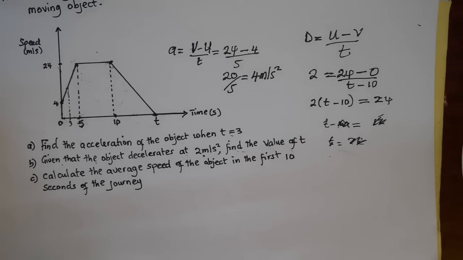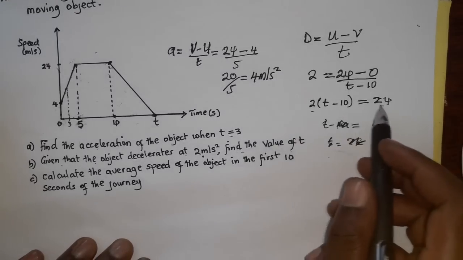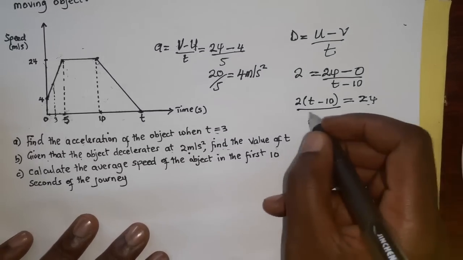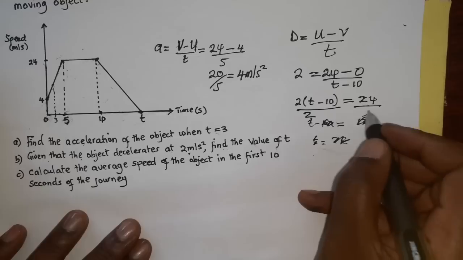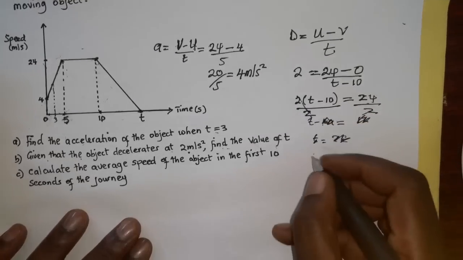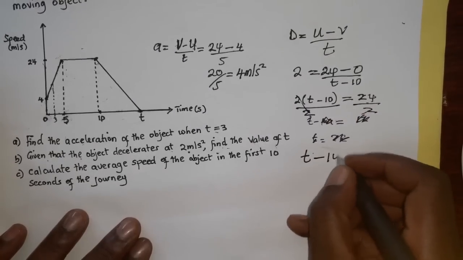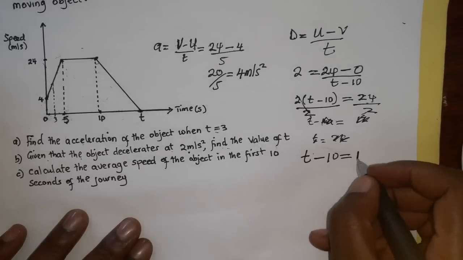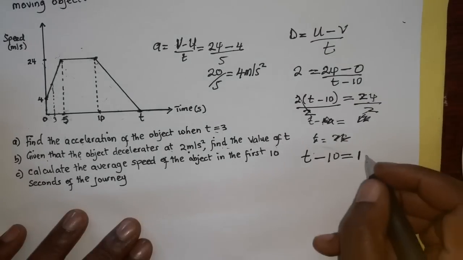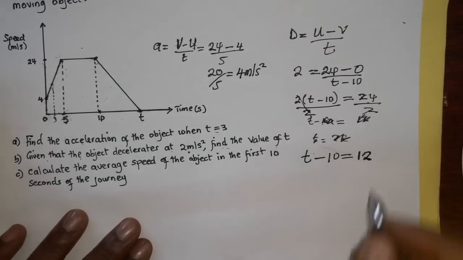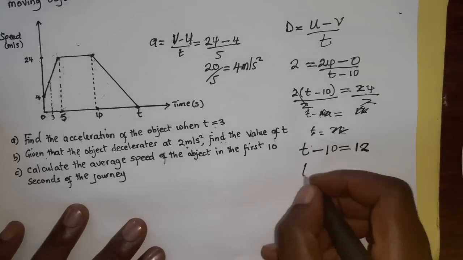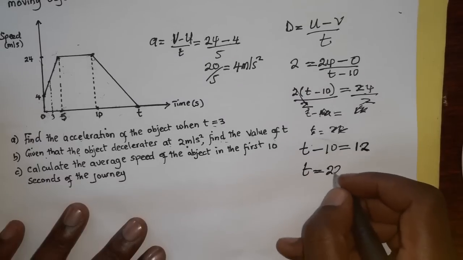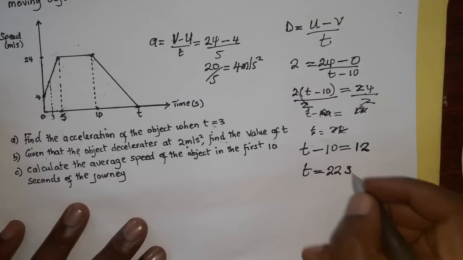Yeah, so from this point, I think we can divide this side by 2. You also divide this side by 2. This cancels, so you have t minus 10 is equal to 12, 2 into 24 is 12, that's what you get. Then when you take 10 the other side, it will be 22 seconds.